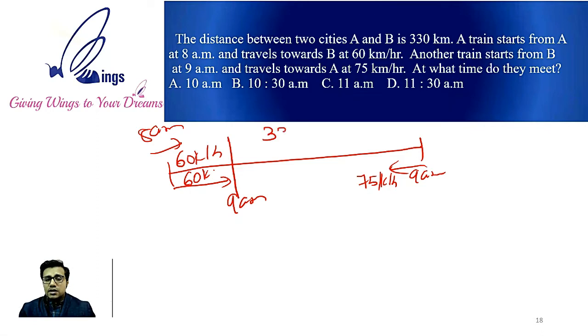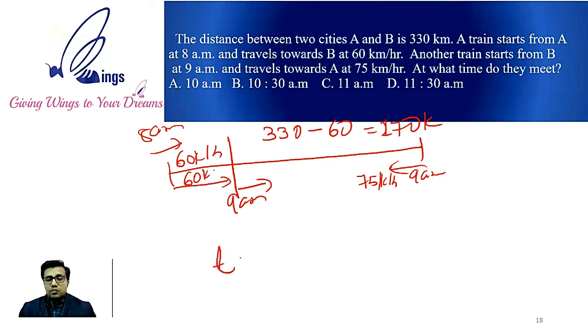So what is the remaining distance now? The remaining distance is 330 minus 60. It is 270 kilometers. At 9 a.m., the distance between them is 270 km. Now both of them are starting at 9 a.m., so we can apply the relative speed.